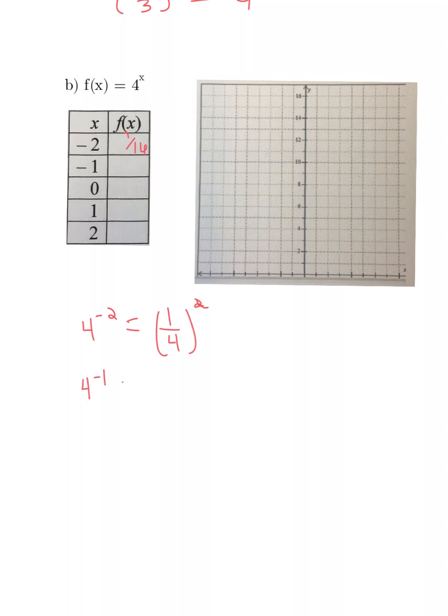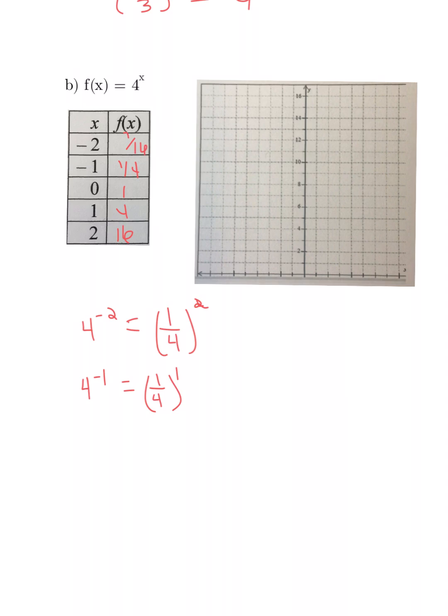4 to the negative 1 becomes 1/4 to the 1, which is 1/4. 4 to the 0, anything to the 0 is 1. 4 to the first is 4, and 4 squared is 16.